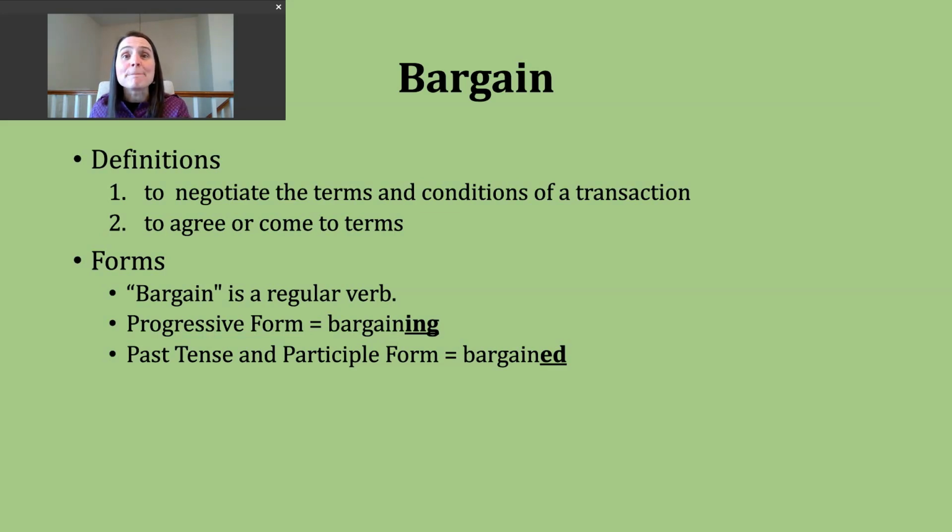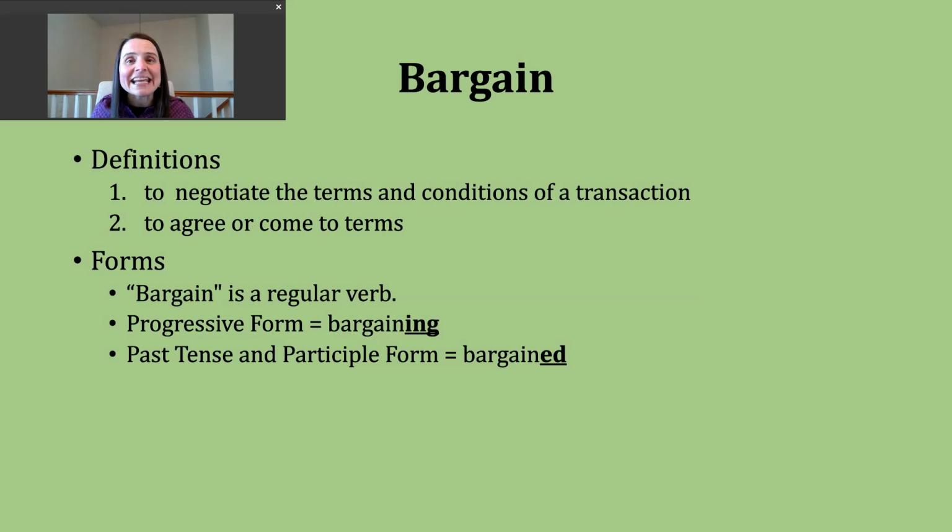You should know that bargain is a regular verb. To make the progressive form of this verb, all you need to do is add ing to form bargaining. The past tense and participle forms of this verb can be made by adding ed. Our base verb, bargain, ends in a voiced end sound.